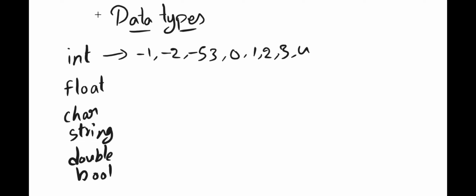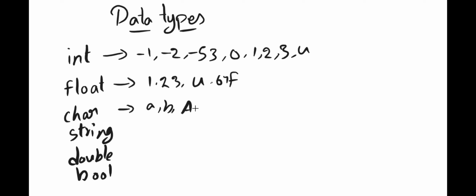And coming to float, we will be using values like 1.234 and 67. Every decimal value will be stored. In C++, if we store decimal values in a float, we need to put F after every value. And coming to characters, in char we will be storing single character variables like A, B, capital A, C, like this.